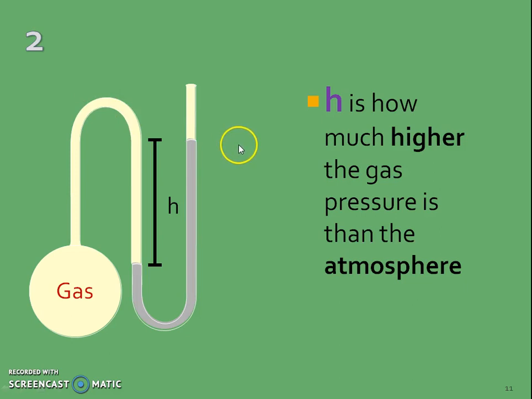Scenario 2, we have the height of the gas much higher than the pressure of the atmosphere. Again, we fill up the gas container, then pour in some mercury, so it kind of caps it off. Now the opening up here tells us the pressure of the atmosphere is less than the pressure of the gas, or the pressure of the gas is greater than the pressure of the atmosphere.